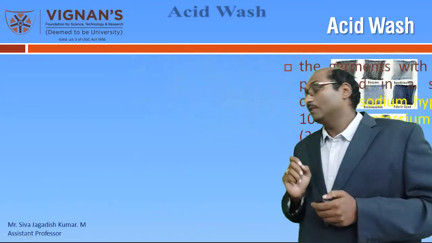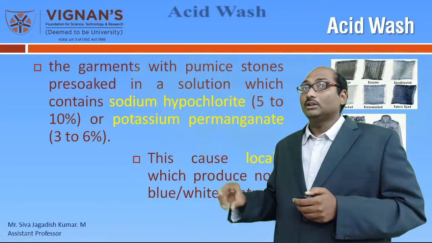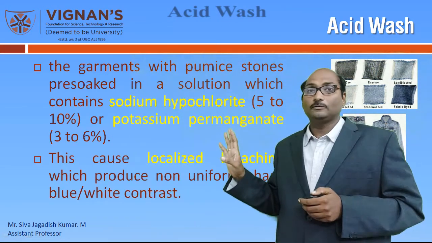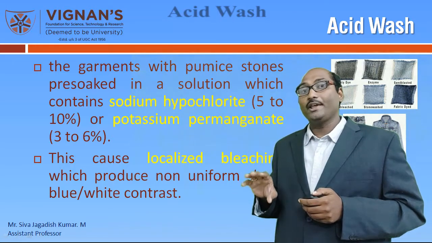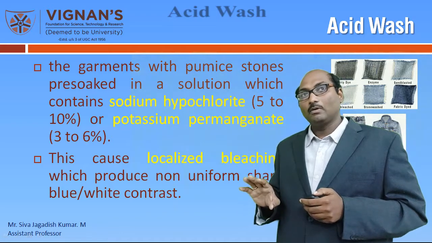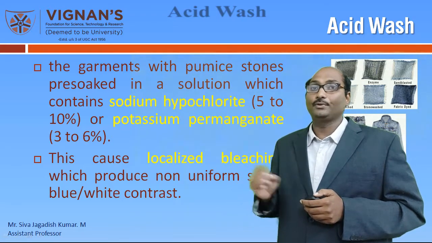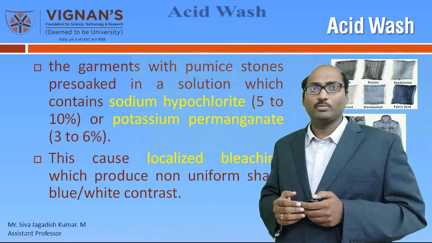Understood? Just make a note of this. The garments are tumbled with pumice stones pre-soaked in a solution containing sodium hypochlorite, NaOCl, 5 to 10%, or potassium permanganate, 3 to 6%. Both are strong bleaches.